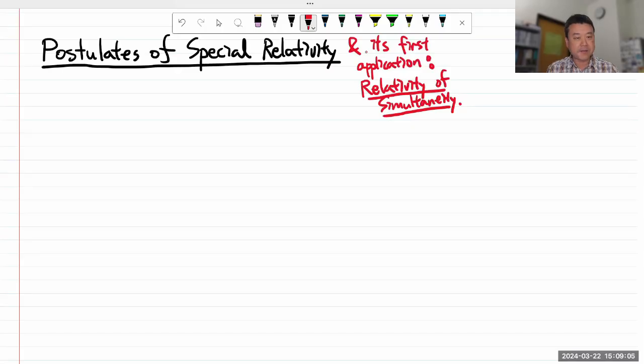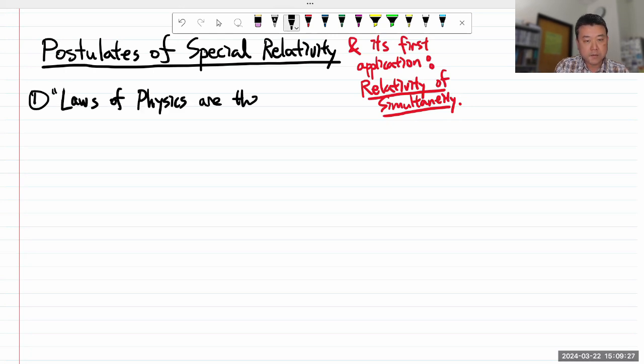So let me get started. Before we got to this point, we talked about the first postulate of special relativity, which one might call the principle of relativity. That is, laws of physics are the same in all inertial reference frames.